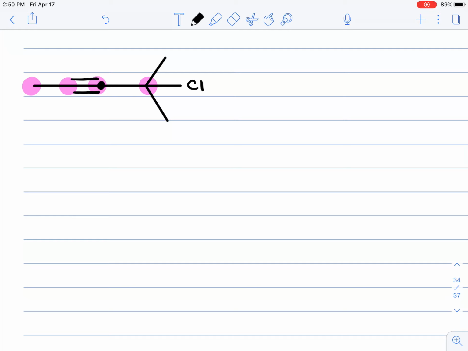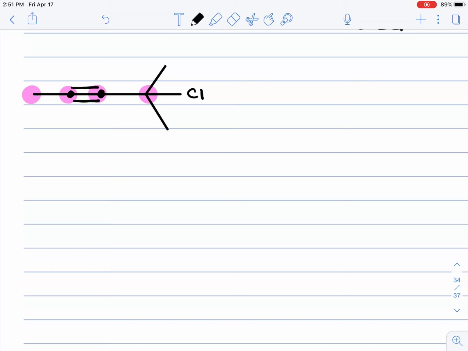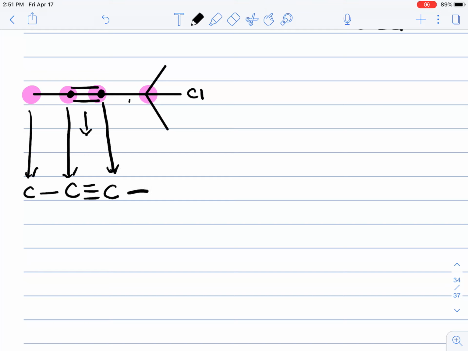So this point right here, notice that the end points of both the left and the right side of the triple bond will represent one carbon, right? If you're trying to imagine what this looks like, it's kind of like carbon, triple bond, carbon, and then there's that carbon, which is this carbon here. And then there's another single bond, and then there's that carbon right here.